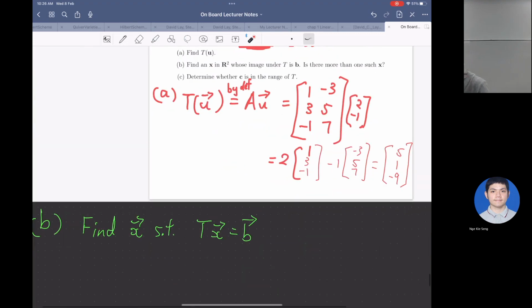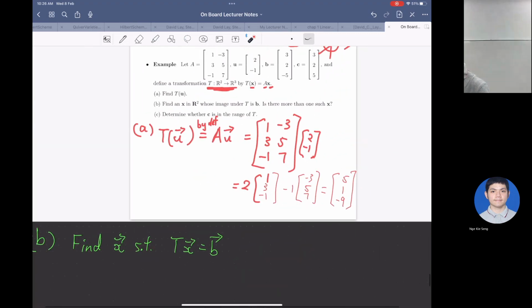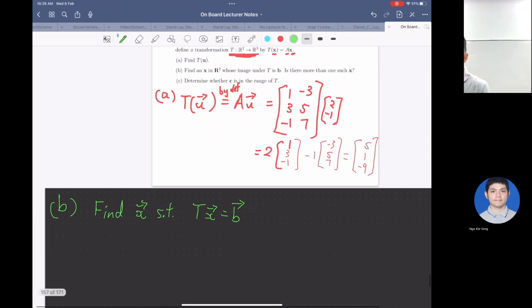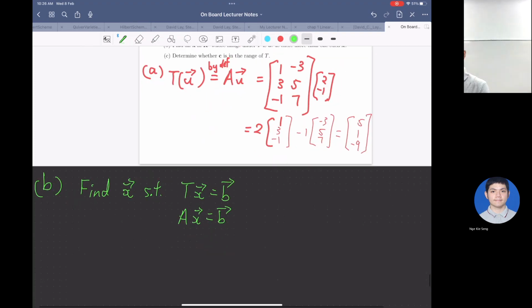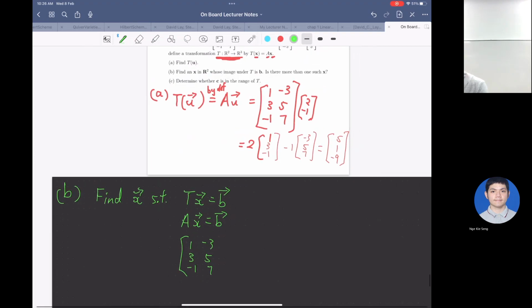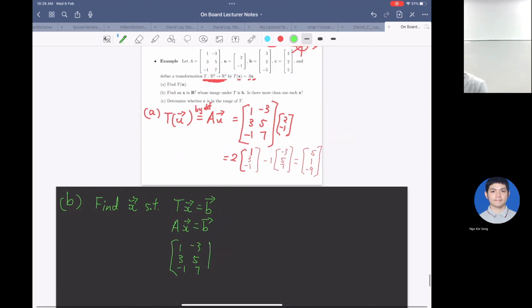So how to find it? T(x) is Ax equals b. You need to do the augmented matrix again. What's b? b is given, so b is (3, 2, -5).